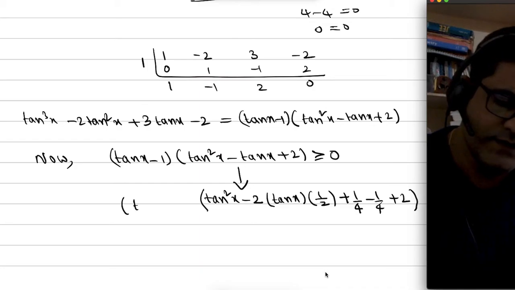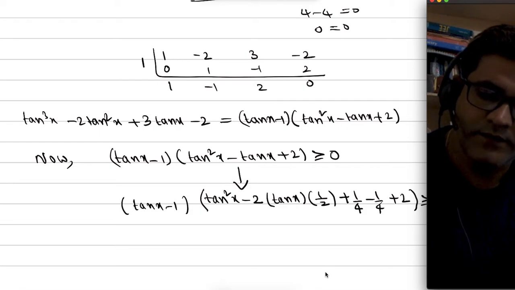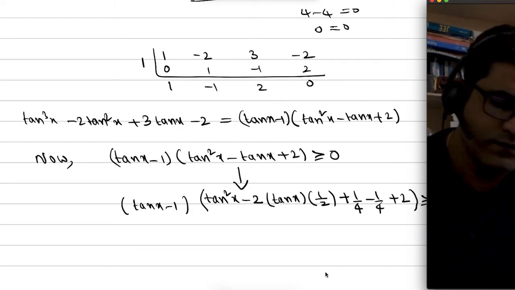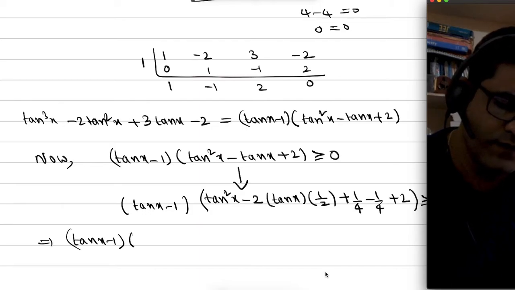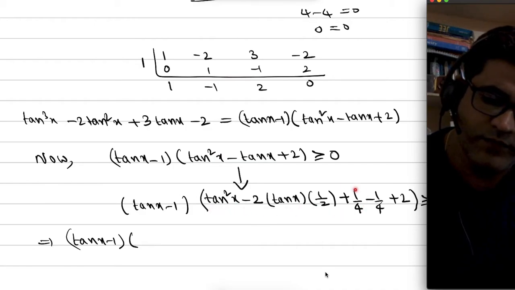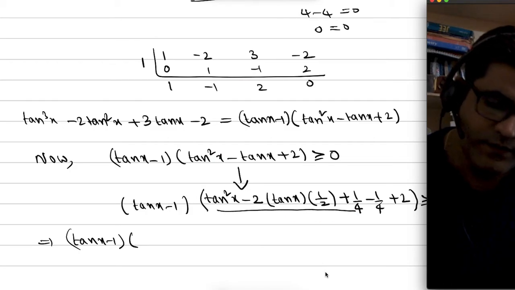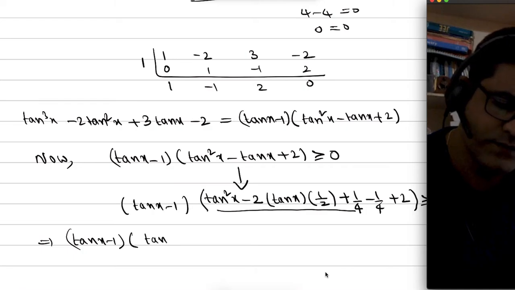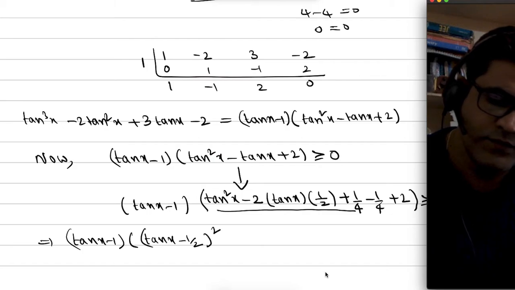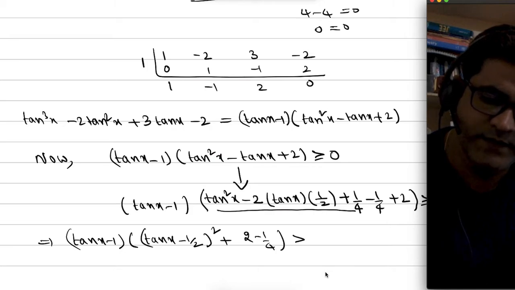This first one as it is, tan x minus 1. This is greater than or equal to 0. This implies tan x minus 1 times, from tan square x to 1 by 4, this part is a perfect square. Therefore, that can be written as tan x minus 1 by 2 whole square plus this is 2 minus 1 by 4. This is greater than or equal to 0.